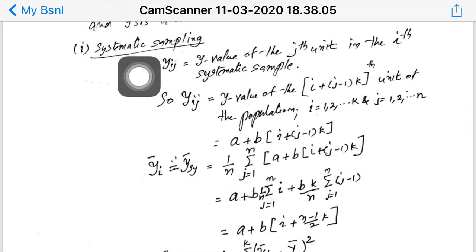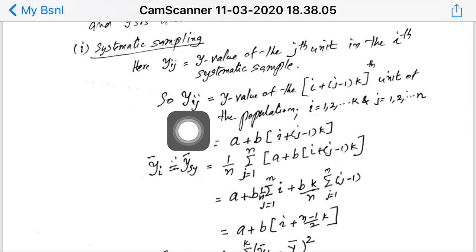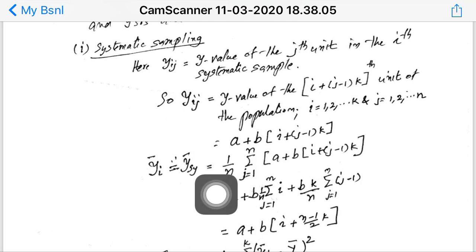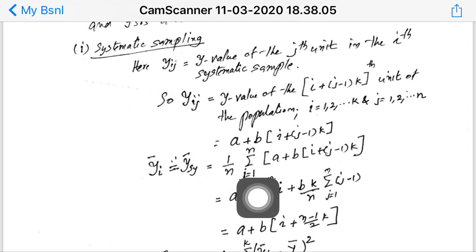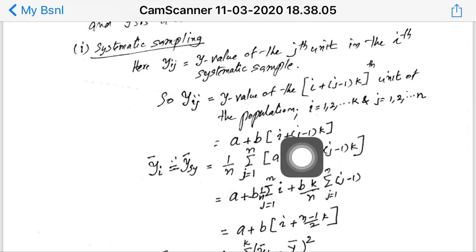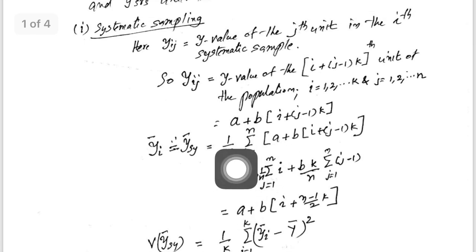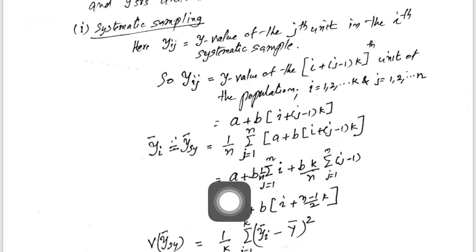So what is the systematic sample mean? The systematic sample mean is equal to 1/n times the sum over j of y_ij. What is y_ij? y_ij is equal to a + b(i + (j-1)k). On simplification, the first term is 1/n into n times a, so it is a.